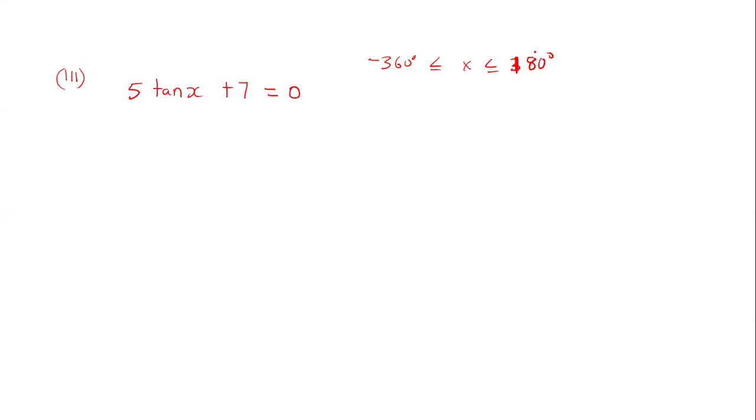Yes, Poleman? Teacher, the answers, we have the reference as 54.5. Take us through. Okay, we are going to take the 7 to the other side, which is going to become negative 7.